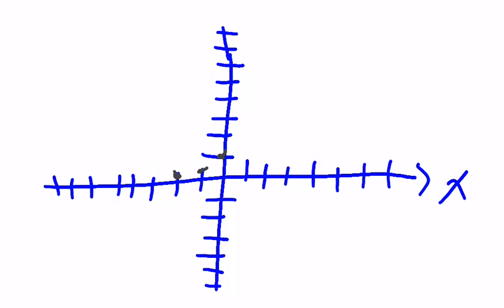And then we have (0, 1), which is right here. And then (1, 3) and (2, 9), which is way up here. Then we play connect the dots. So that is what this looks like. So we have graphed it.